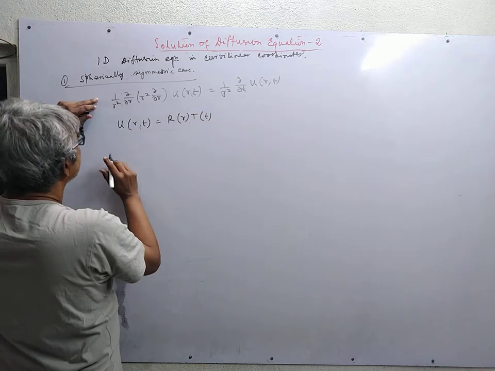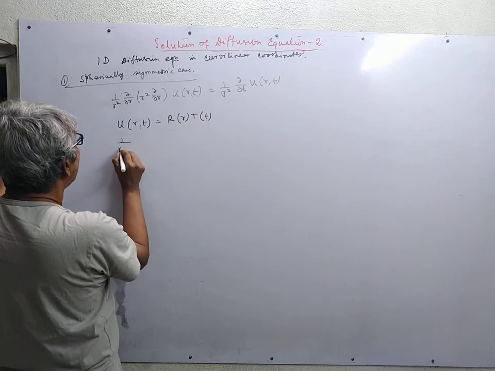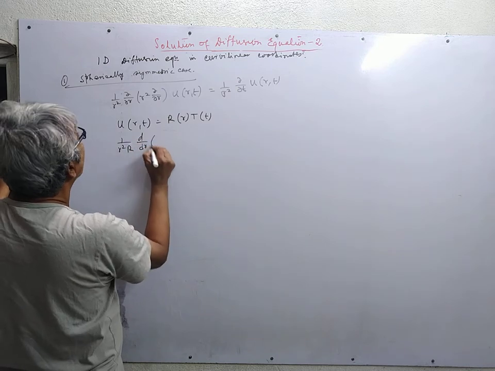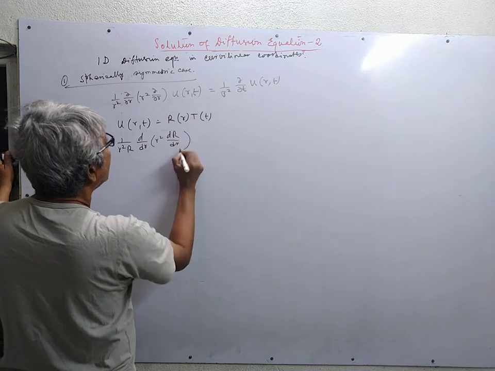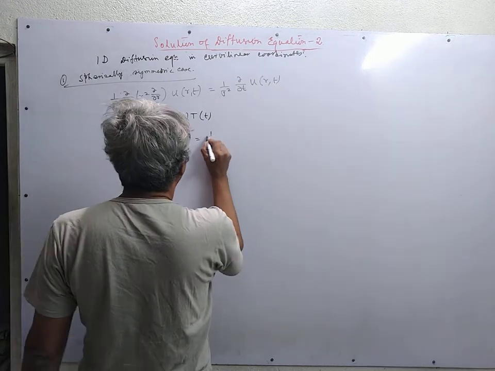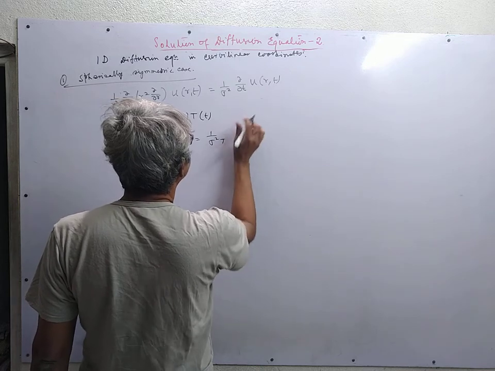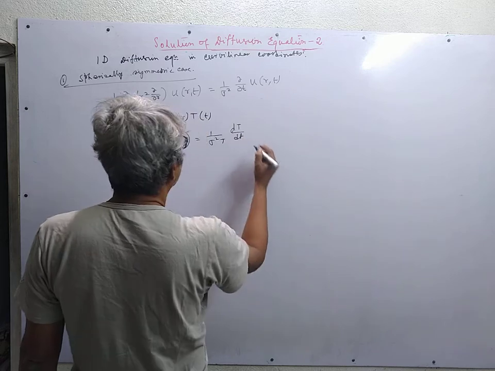We use this, and for a non-trivial solution we get (1/R) d/dr of (r² dR/dr) is equal to 1 upon sigma square T dT/dt.